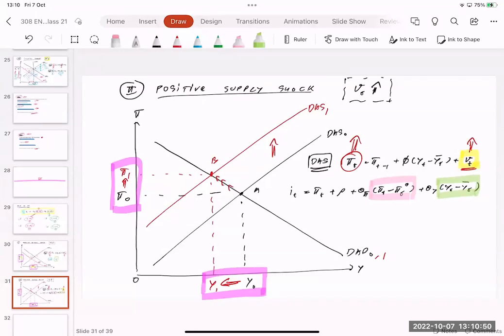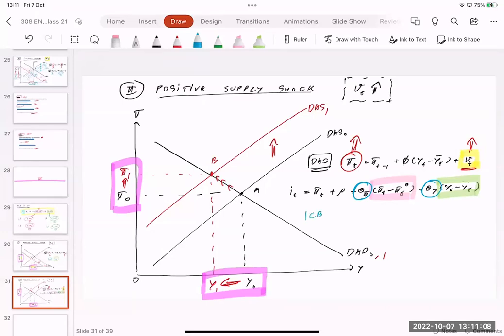Okay, so two main problems: the economic slowdown problem and the inflation problem. As you will see, in front of the bracket you have theta pi, in front of the bracket you have theta y. So now these parameters theta pi and theta y become more important.